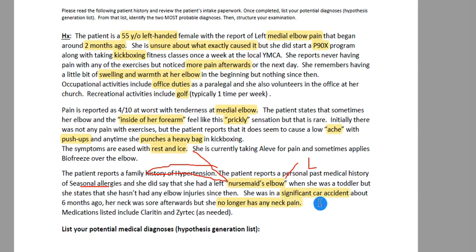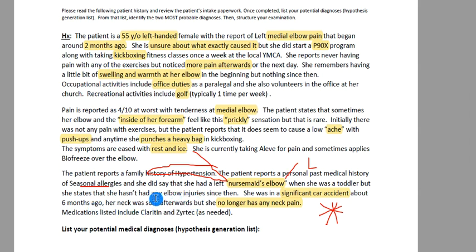Now, this I think is something I would highlight and star. She was in a significant car accident not too long ago, about 6 months ago. And you may look at this and think, well, that was 6 months ago. Her pain started 2 months ago, so they may not be related. But they could be related. Still, not that long ago.